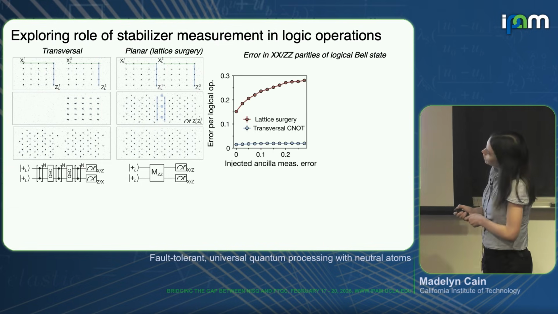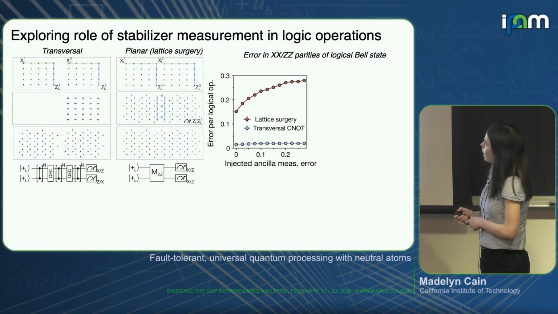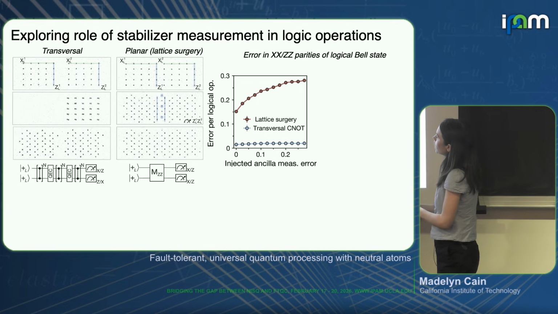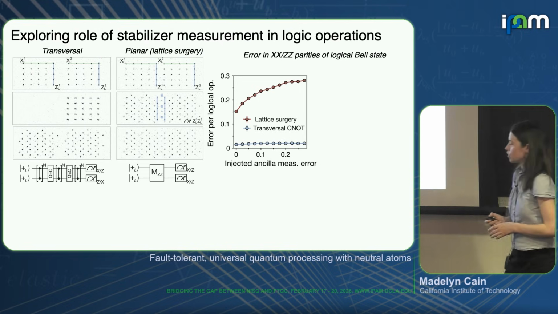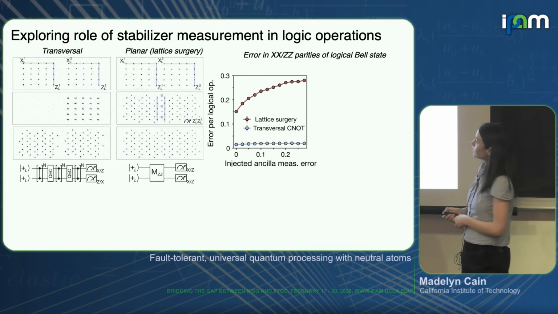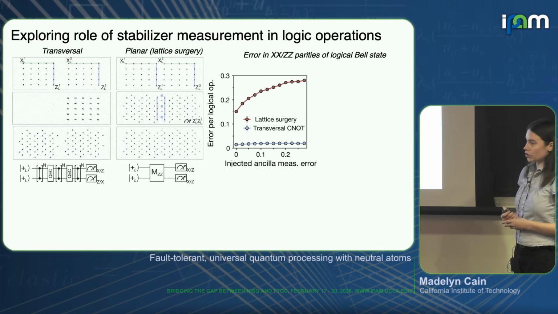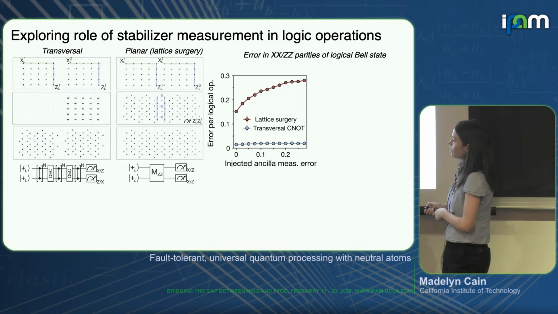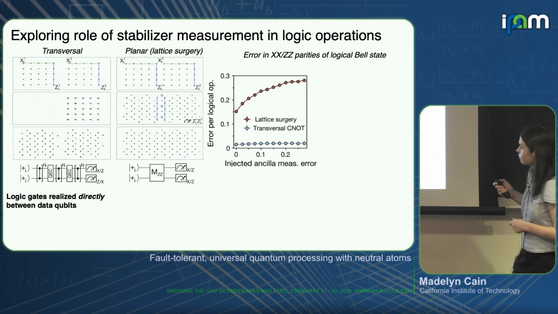Here I show the resulting logical error rate for these two different types of gates as a function of artificially injected ancilla measurement errors. And one thing you can really starkly see in this plot is that lattice surgery operations are much more sensitive to errors in your stabilizer measurements.